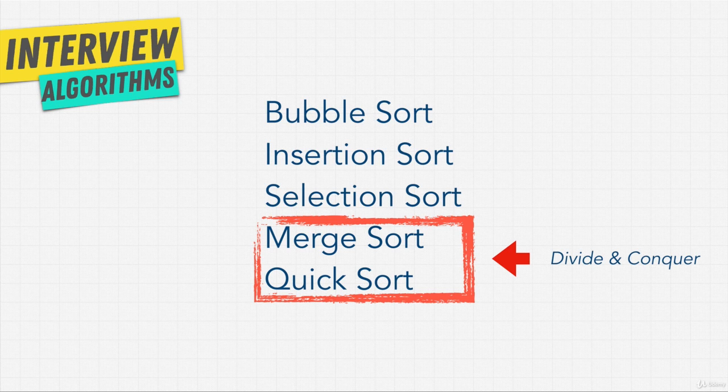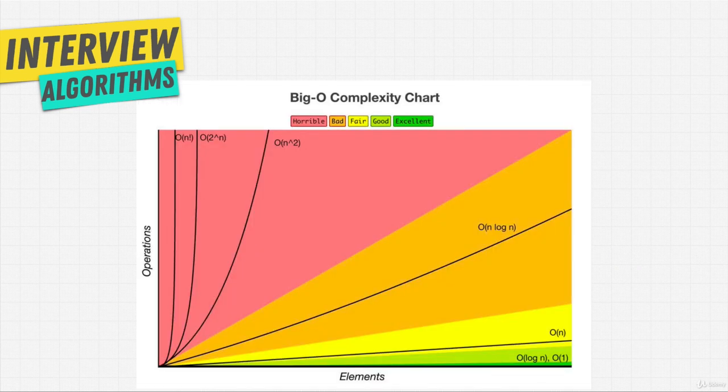Now, we're going to see how this actually works. But I want to remind you that anytime we see something like divide and conquer, it usually gives you a log of n advantage. And as you can see here, it is the last piece of the puzzle, O of n log n, that actually is better than O of n squared.